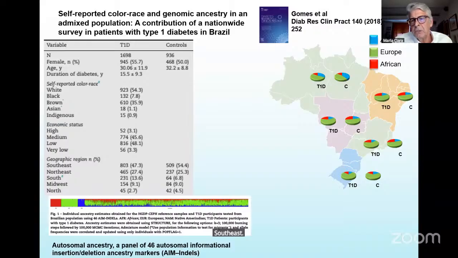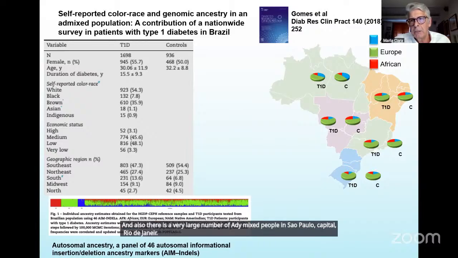There is a majority of white declaration in the south, and there are many more black people in Bahia, Salvador, and also a very large number of admixed people in São Paulo capital, Rio de Janeiro capital, and in the northeast.